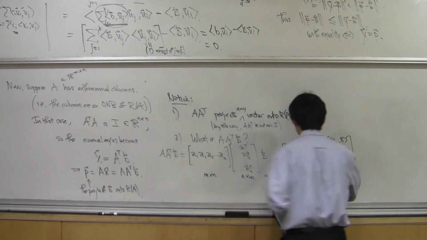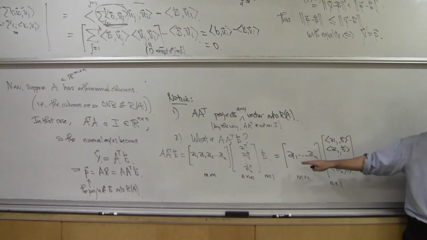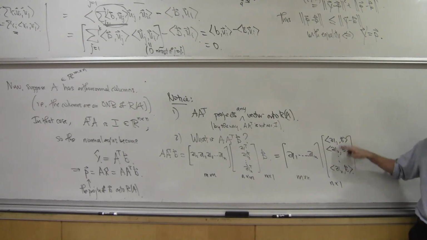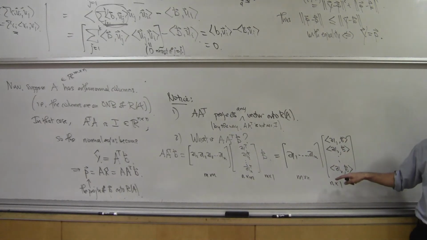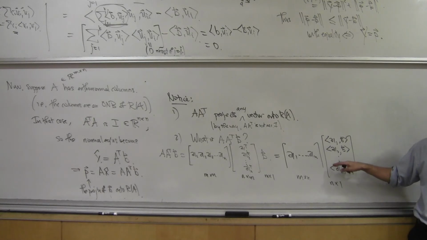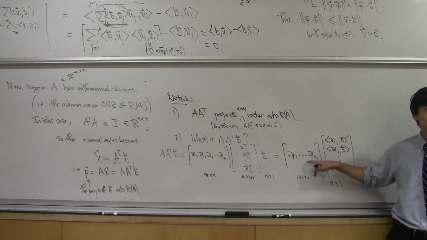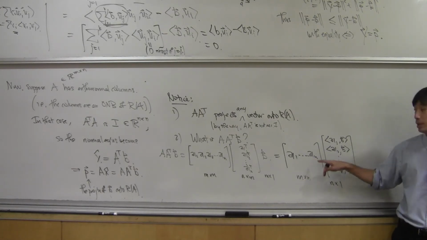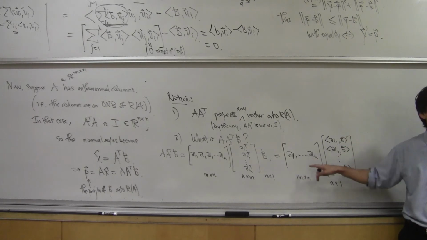But what's this? If you take a matrix and multiply it by a vector, what do you get? In terms of the columns, you've got a bunch of coefficients and a bunch of columns.